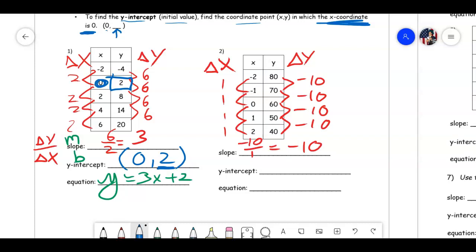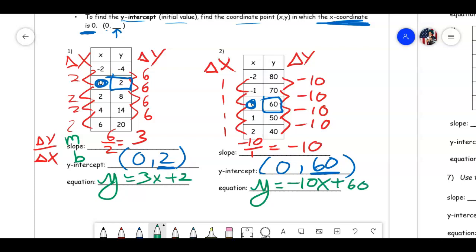Now, y-intercept is when x is 0. Here's x is 0. So that means my y-intercept is 60. So what's my final equation? Negative 10x plus 60 is correct.